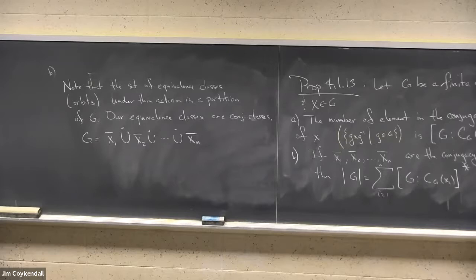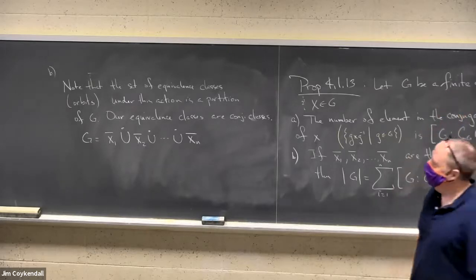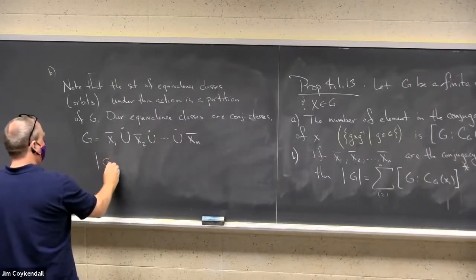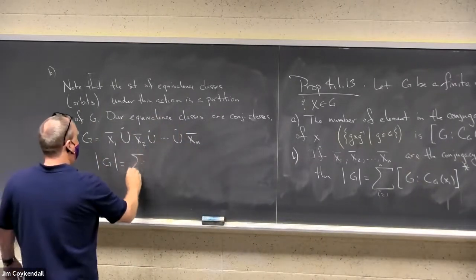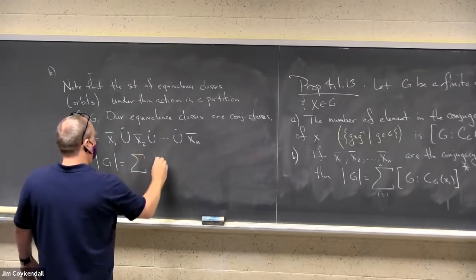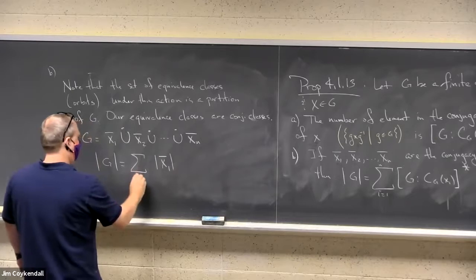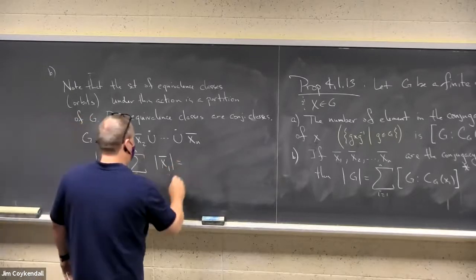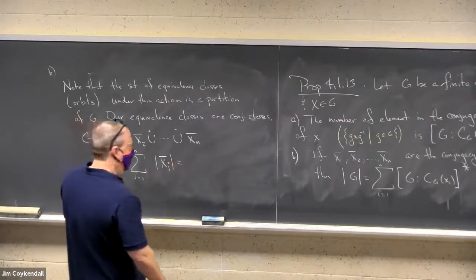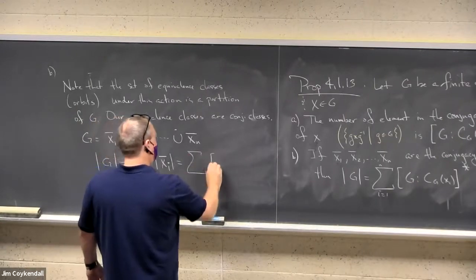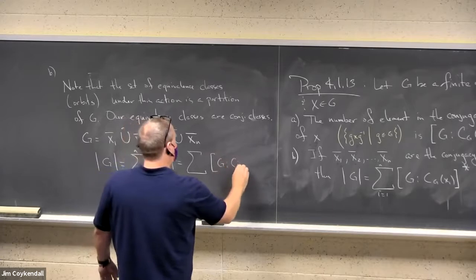Notice that my list is finite, and that depends on the fact that G is a finite group, right? Since this is a disjoint union, that means that the order of G is the sum of the sizes of the classes, and this is our previous sum.